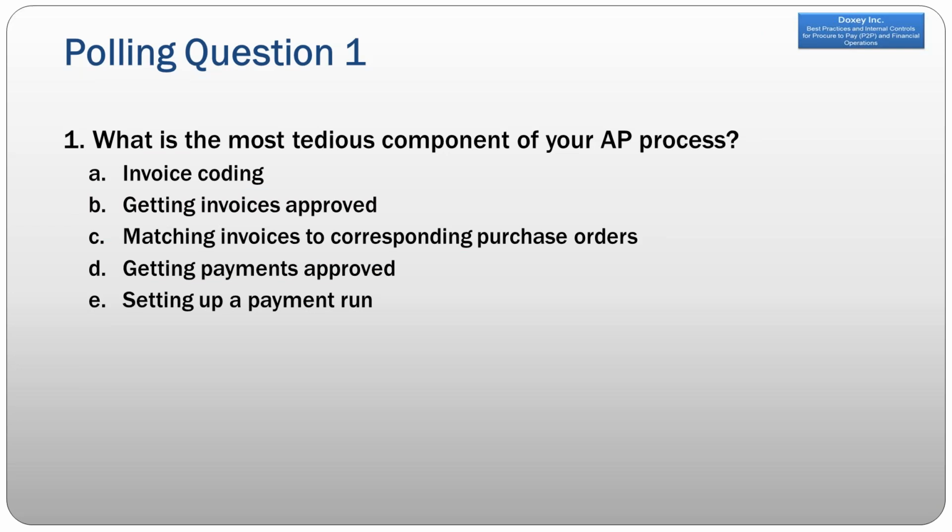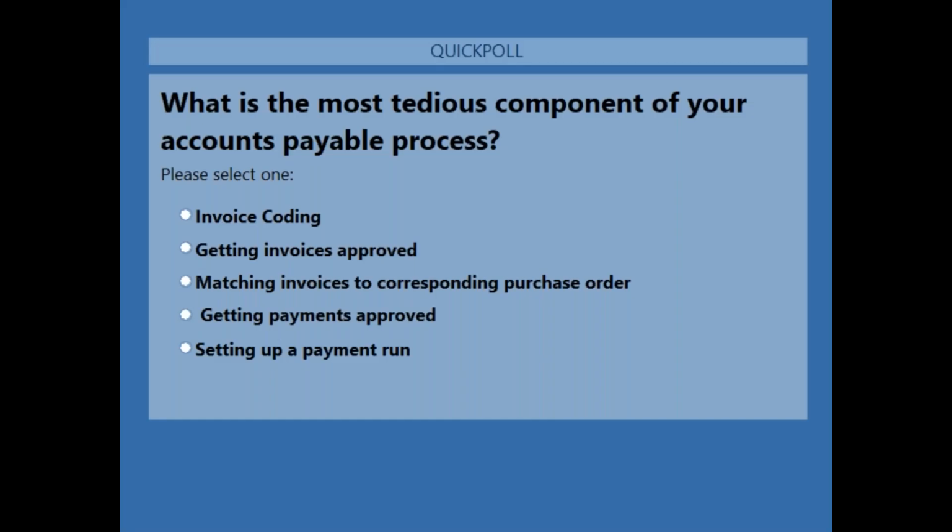Okay, the AP process. What I'd like to do is find out what your challenges are. What's the most tedious component of your AP process? This is a polling question that's going to be launched. Everyone will quickly answer that polling question, and then I can read out those results.